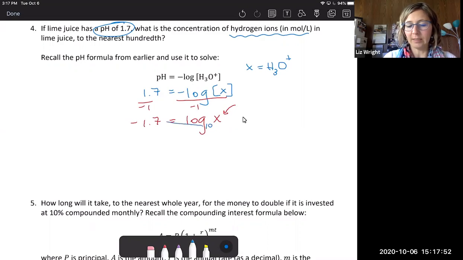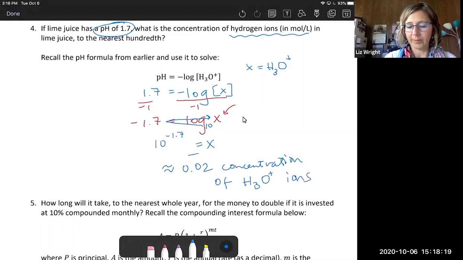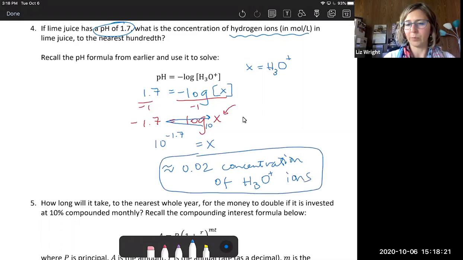So it's going to be 10 to the negative 1.7 equals X. So then we are approximating that to be 0.02 concentration of H3O positive ions for that one. And that was in moles per liter, by the way. So that also could have been your label as well.